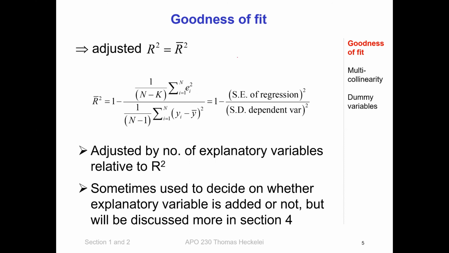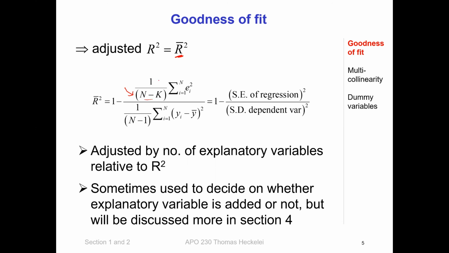Therefore, there's another measure of R-square that targets this issue. It's called adjusted R-square, usually denoted as R-square with a bar on it. So what it does is replace the n minus 1 that we've seen before with n minus k. So it adds a penalty term in the R-square value. How? Because imagine the more variables you have, the smaller this n minus k is, right?